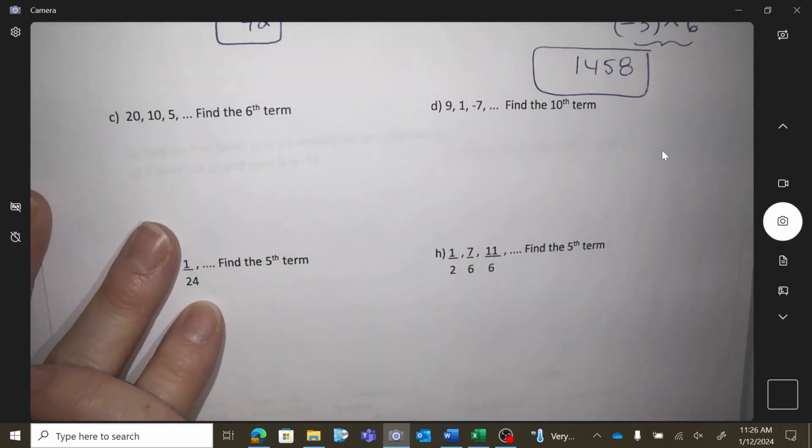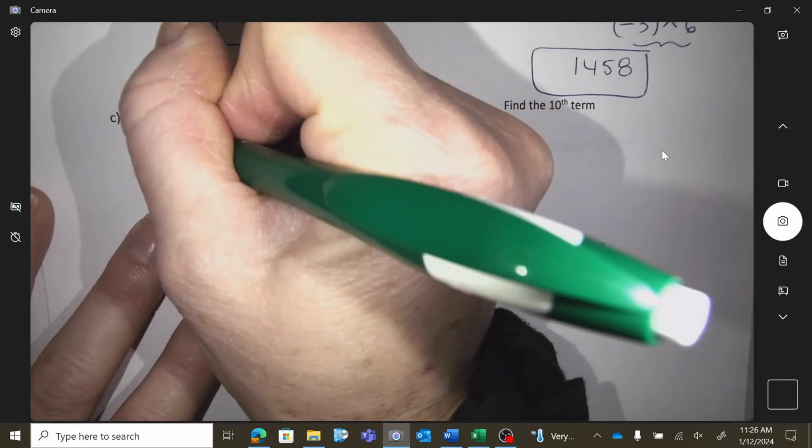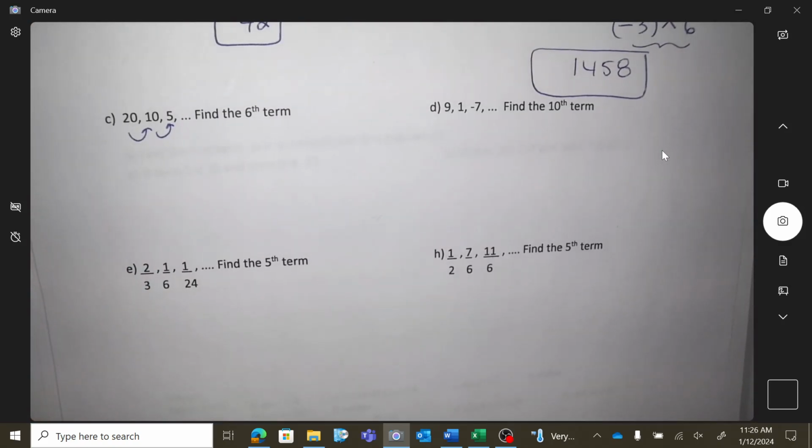Find the 6th term. So you have to figure out if you know a pattern first. Arithmetic, geometric, is there something common that you're adding, something that you're multiplying?